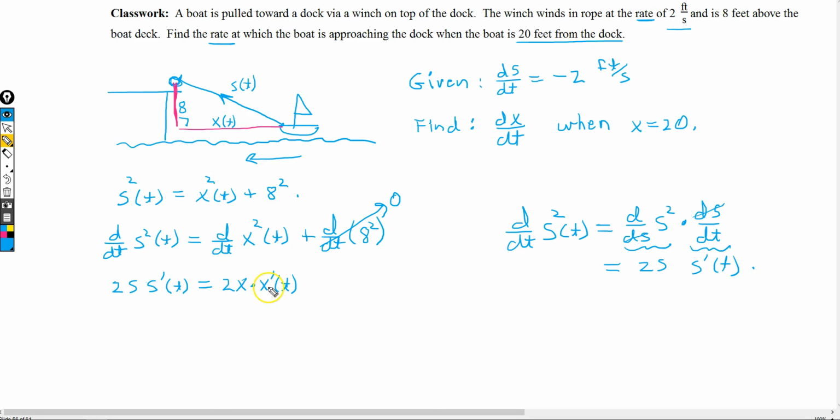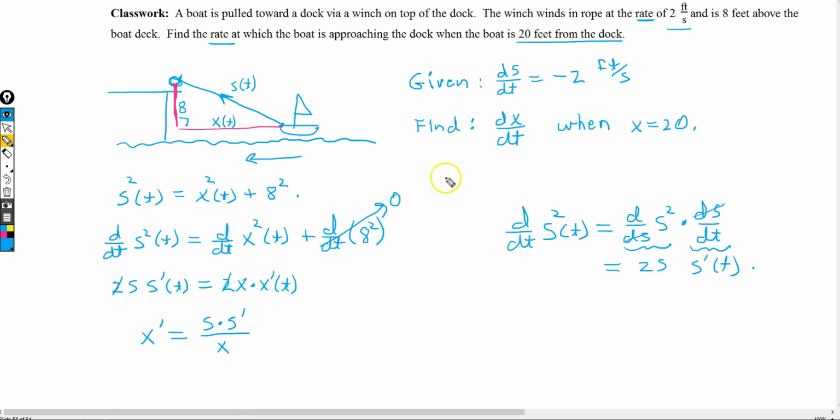All right, now let's see. We are given the s prime. We want to find the x prime. So let's isolate the x prime on one side. Notice we can cancel those 2's, and I'm just going to flip this around, and we get x prime equals s prime divided by x.